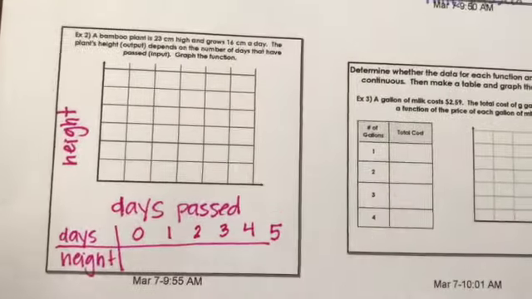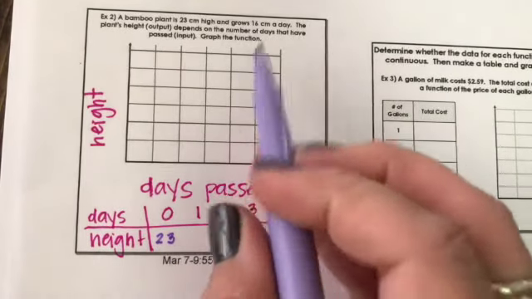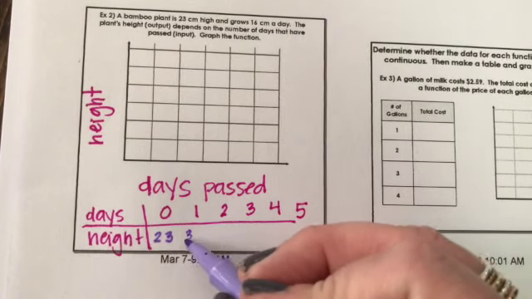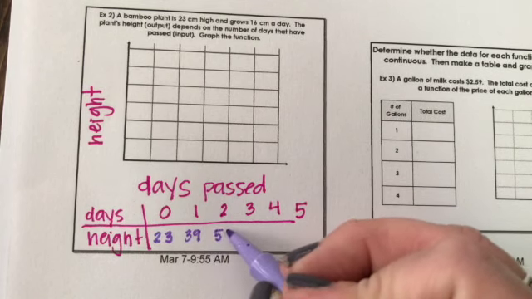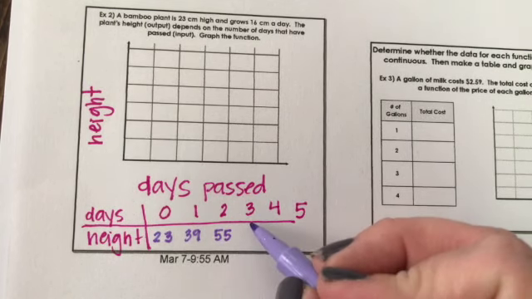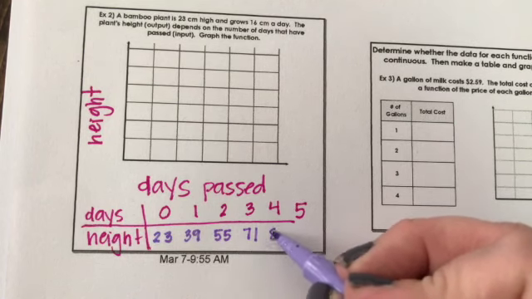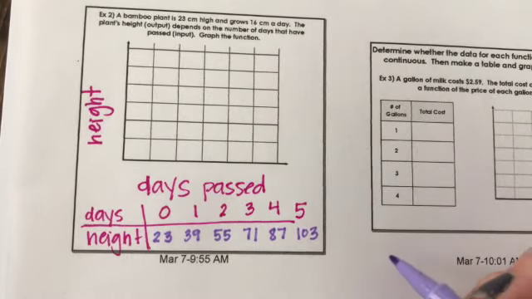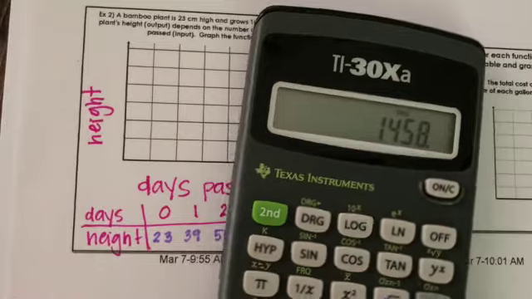My plant is starting off at 23 centimeters, and it's growing at a rate of 16 centimeters a day. So after 1 day, that would be 39. Then we add 16. Day 2, it's at 55. We add 16, 71, 87, and 103. All I did every time was add 16 because it's growing 16 centimeters a day.